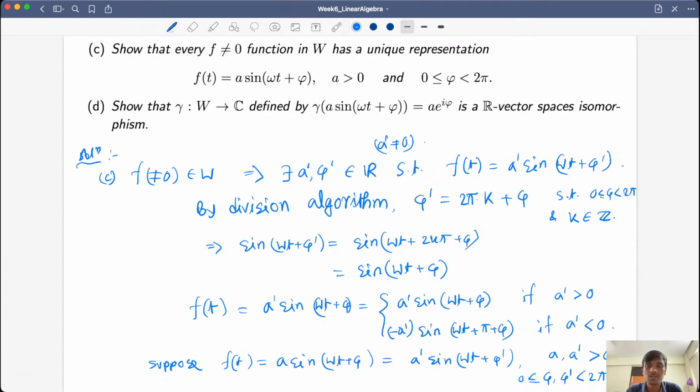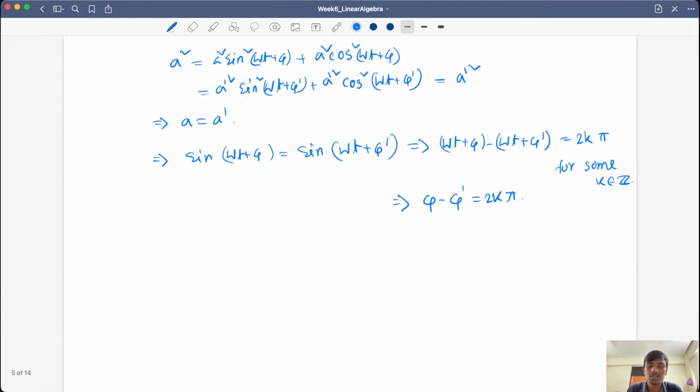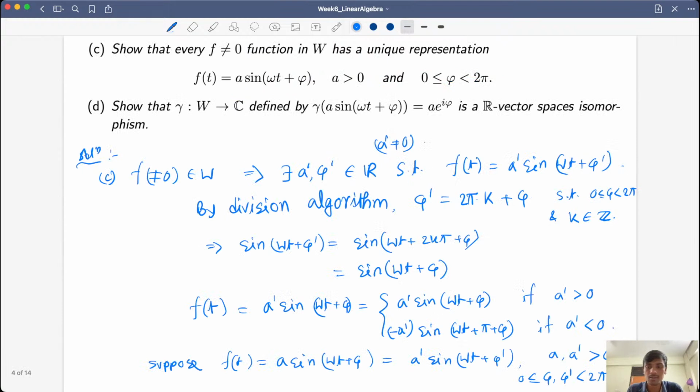So their difference cannot be a multiple of 2 pi. This is only possible if k is 0, otherwise it is not possible, right?